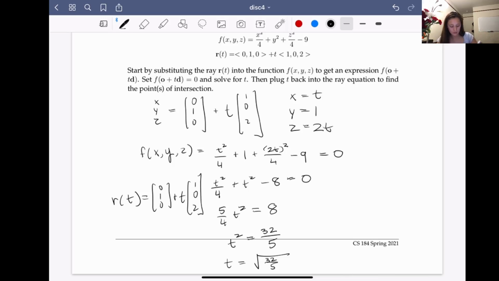Then we'll get X equals t, Y equals 1, Z equals 2 times the square root of 32/5. Okay, and then that's all.